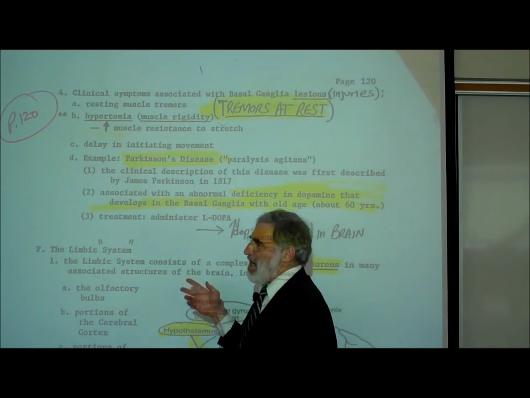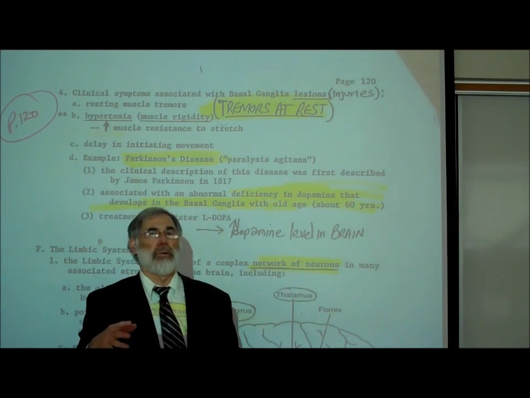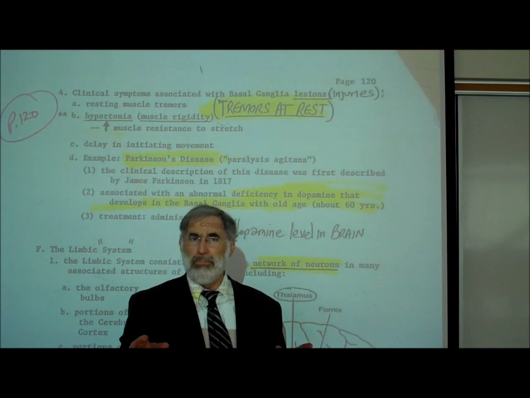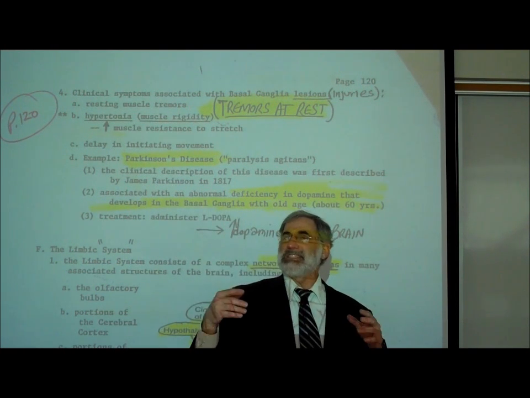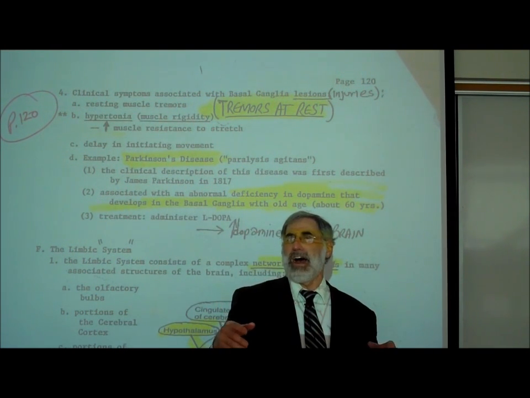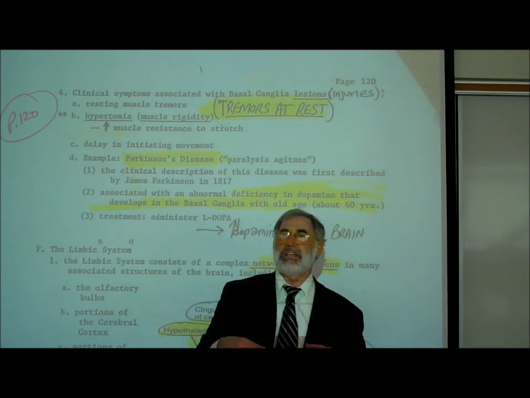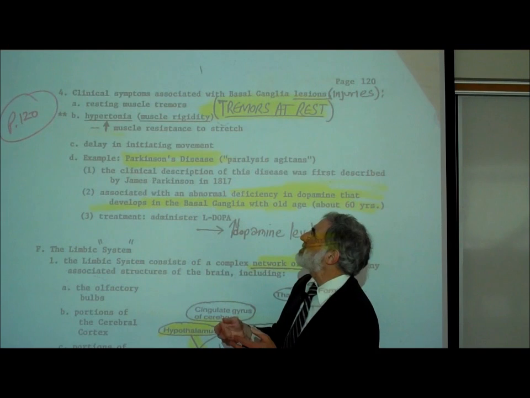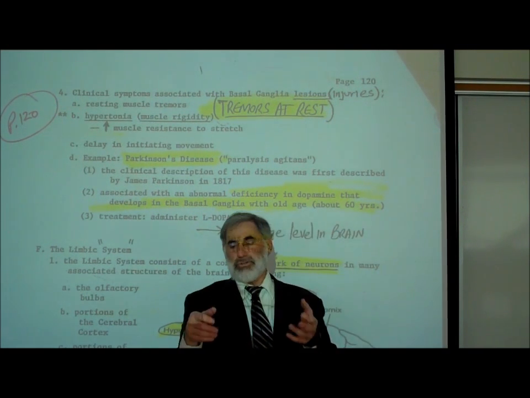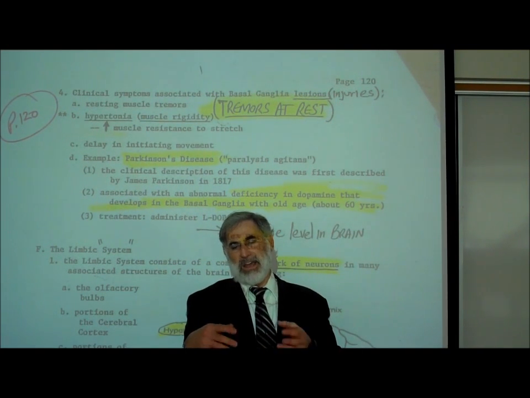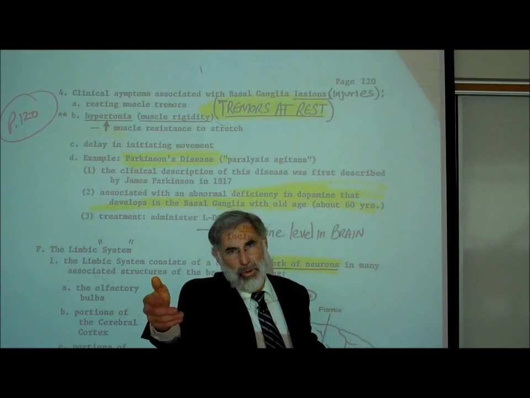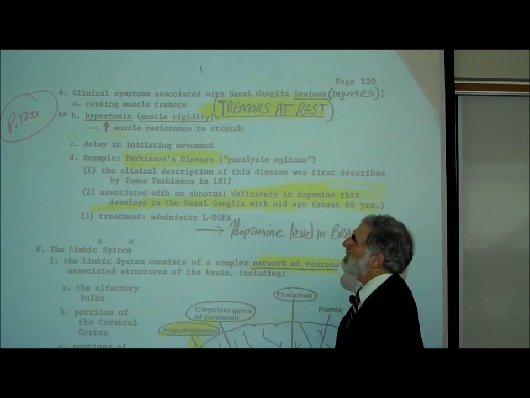So this is in contrast to injury to the cerebellum. In the case of the cerebellum, we said that these intention tremors appear during the movement with the cerebellar lesion. In the case of basal ganglia lesions, the tremors are exhibited at rest, and they tend to go away when the person actually moves.